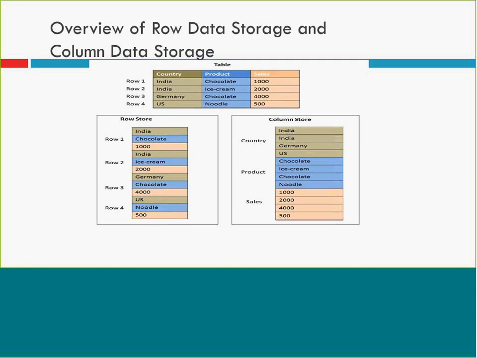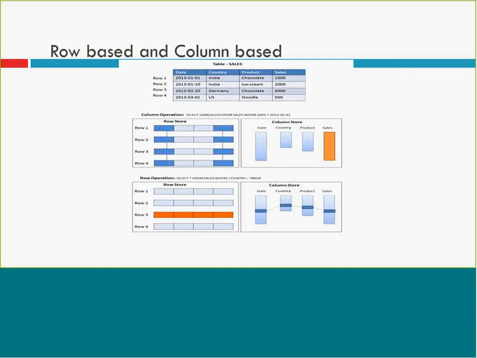For example, data that is frequently joined with transaction data should also be stored in column based tables. And so here you can clearly see what column store and row storage are.